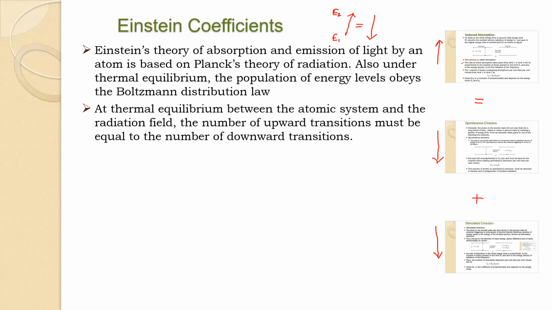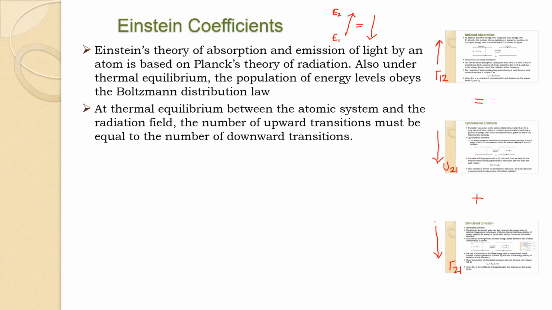Then the number of upward transitions, we represent as gamma 12, must be equal to U21 plus gamma 21.